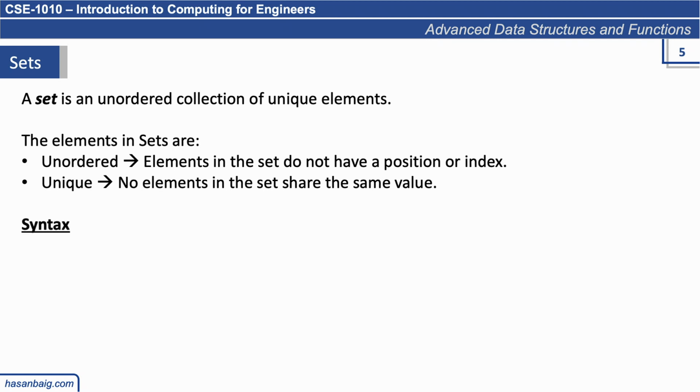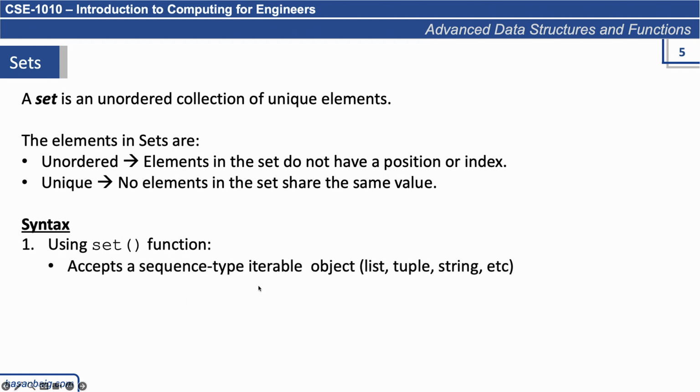So syntax, how do we define sets, is using a set function, just as we had a list function. Similarly, we have a set function. It can accept a sequence type iterable object like a list. We can specify the list. Within this function, we can also specify a tuple, a string, anything. Let's see an example here.